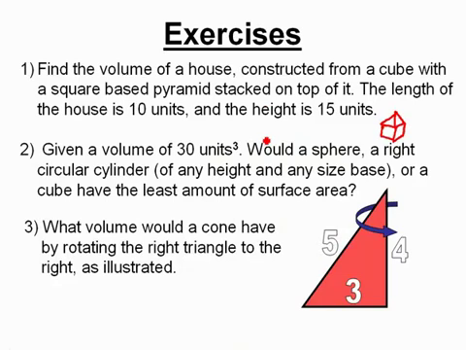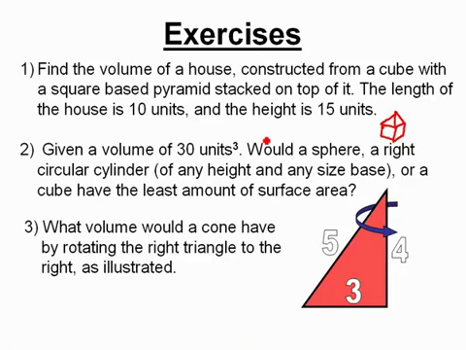Question 2. Given a volume of 30 units cubed, would a sphere, a right cylinder of any height and any size base, or a cube have the least amount of surface area? Here's the tip. Granted, you can't easily calculate a cylinder for any height and any size base with a volume of 30 units. It would be very, very difficult.